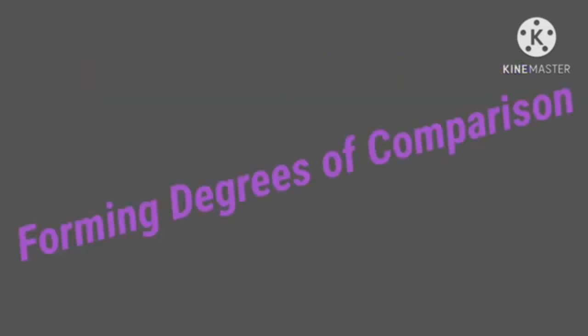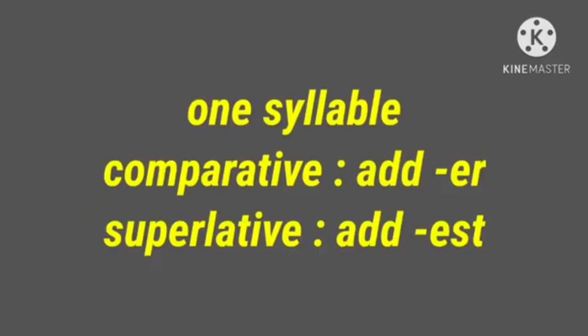Forming degrees of comparison. To form the comparative degree and superlative degree of adjectives of one syllable, add er and est to the positive form of the adjective. For comparative, add er. For superlative, add est.